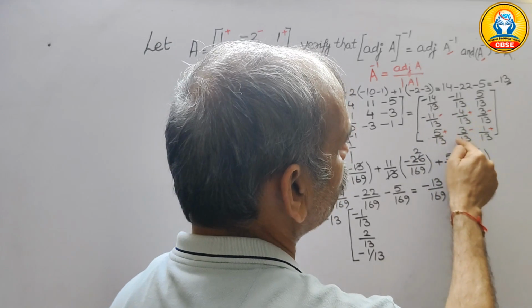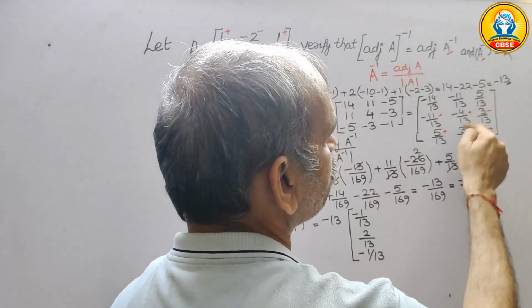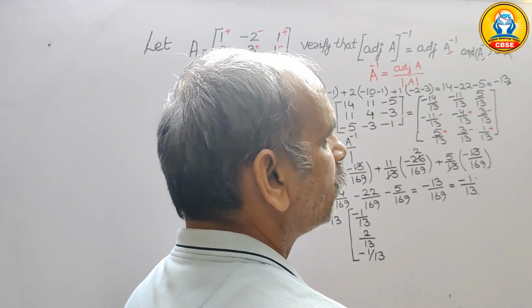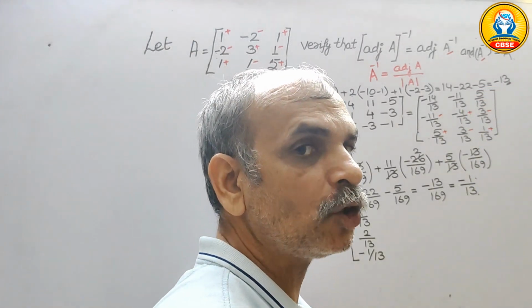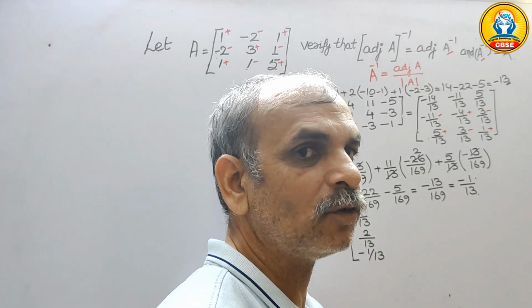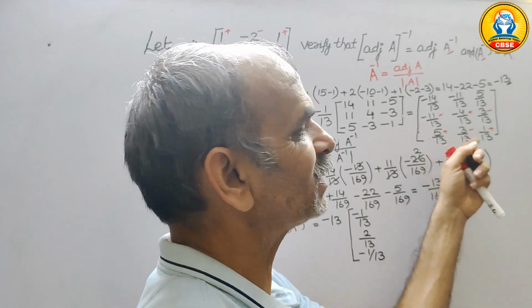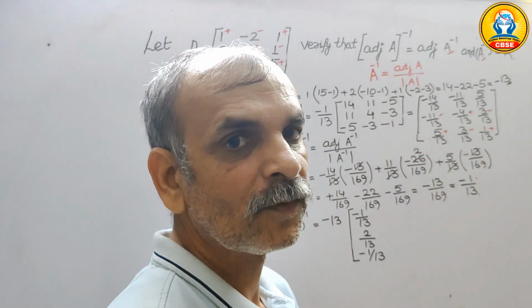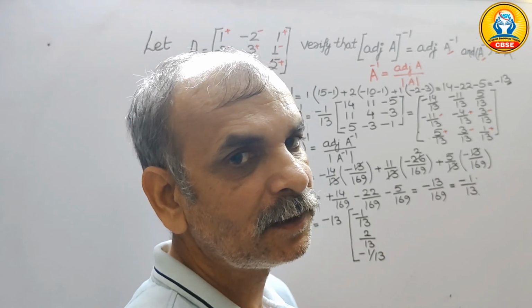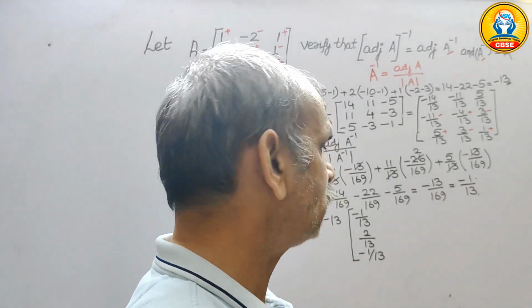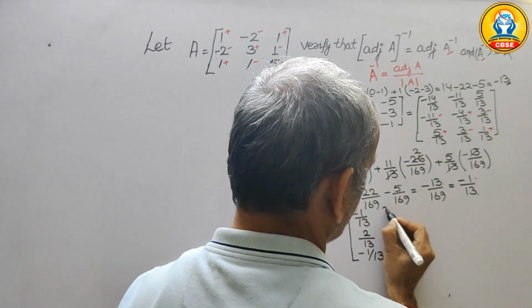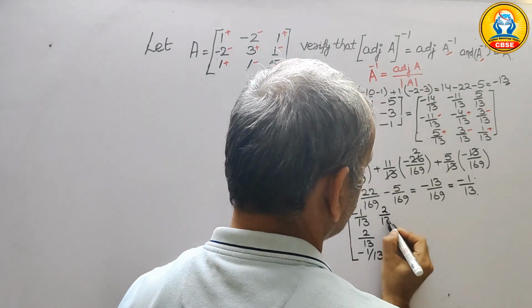Minus 11, minus 15 is minus 26. Minus 26 and sign is also negative. So we will get 26. 26 divided by 169. What we will get? 2 by 13. 2 by 13.